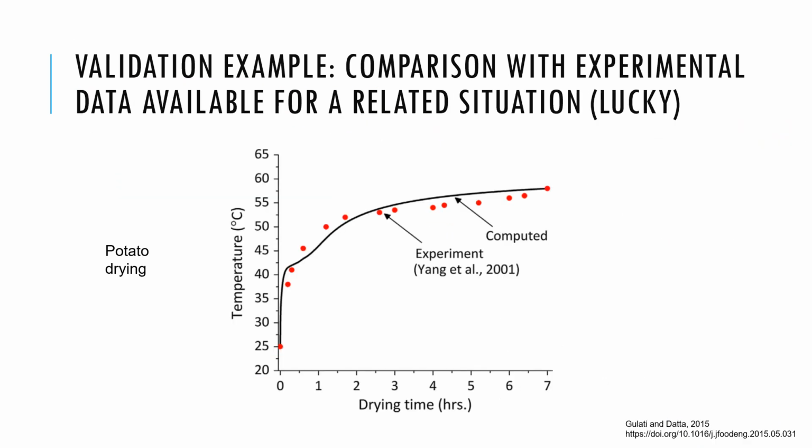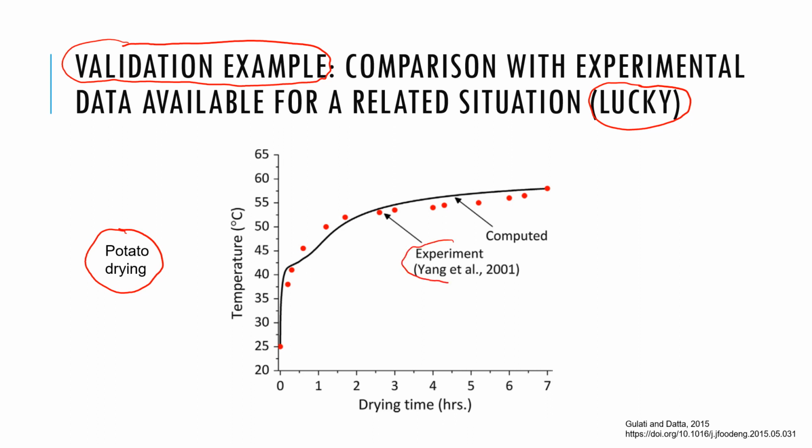So here is another validation example where I would say we are lucky but not super lucky, because we are trying to build a drying model, and the experimental data that was available, by the way, details of it can be found in the published work. Experimental data that is available is not for the exact situation that we need, but we could change the model and compare the changed model computed results with the experimental results.